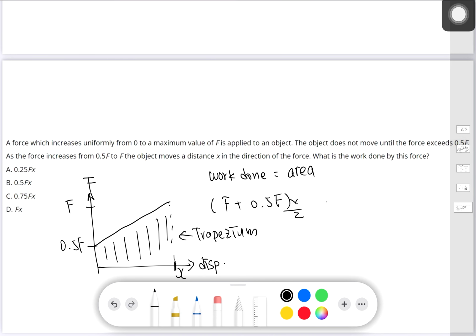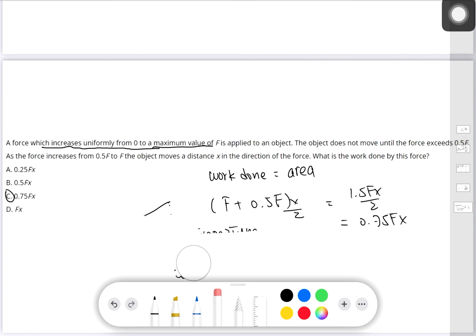So this gives us 1.5 Fx over 2, which equals 0.75 Fx, resulting in C. Now it's very important to note that the first line, increase uniformly from 0 to a maximum value of F, is actually a trap. I will tell you why.